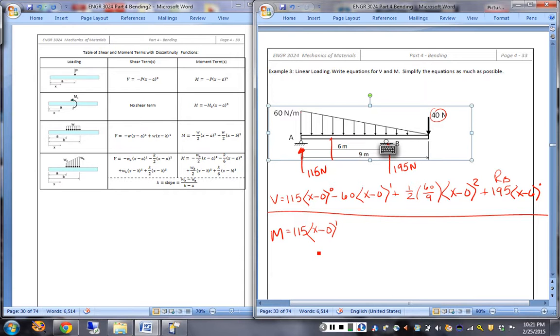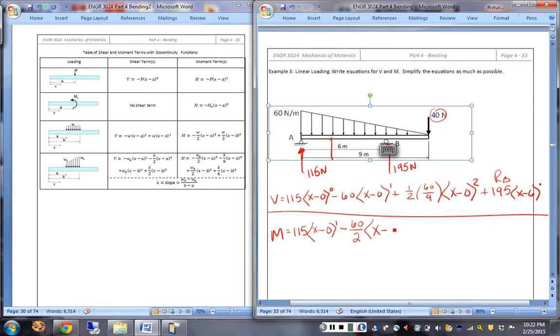We then need the term for the beginning of the distributed load, which is a minus 60 newtons per meter divided by 2 for the first term in the moment equation in the bottom row of the table.